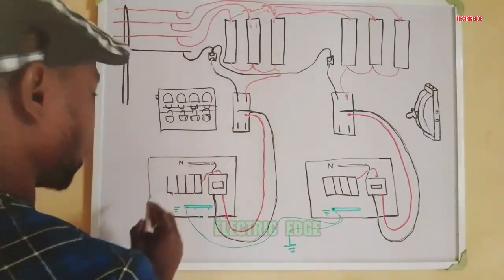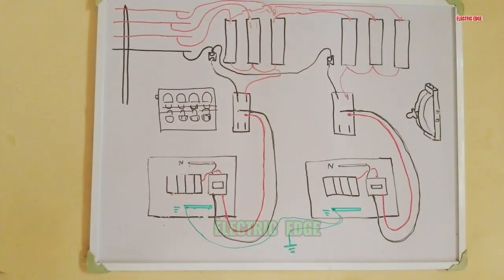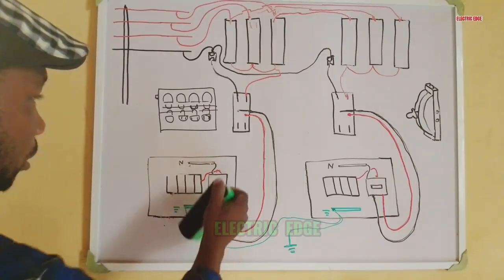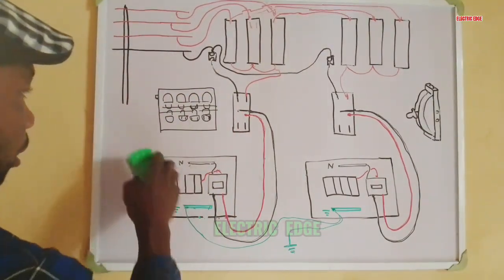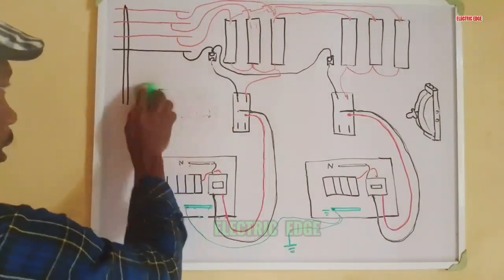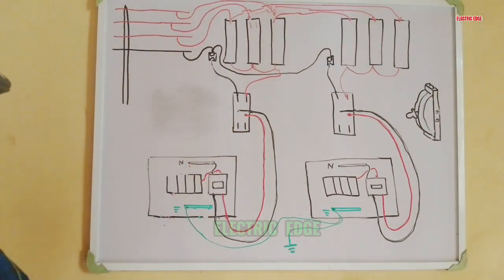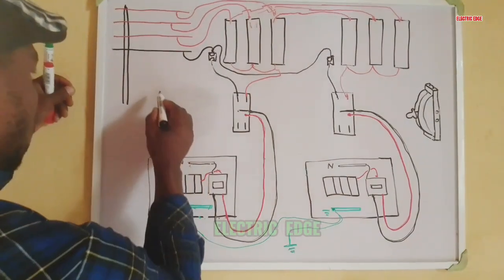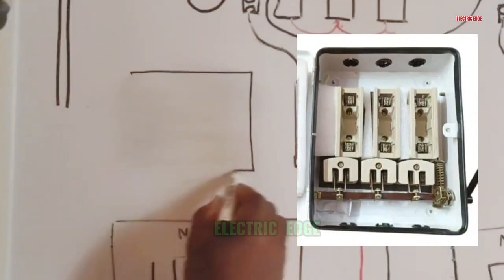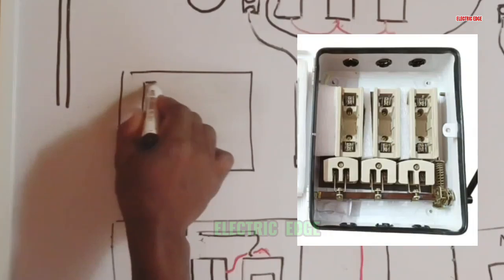Then if you are also connecting, because if this DB is a 3-phase DB, that means you are going to make use of this 3-phase changeover as well as the fuse switch gear. The fuse switch gear, let me show you. You make use of both of these gadgets. This one is a fuse switch gear. Try and watch the previous video.